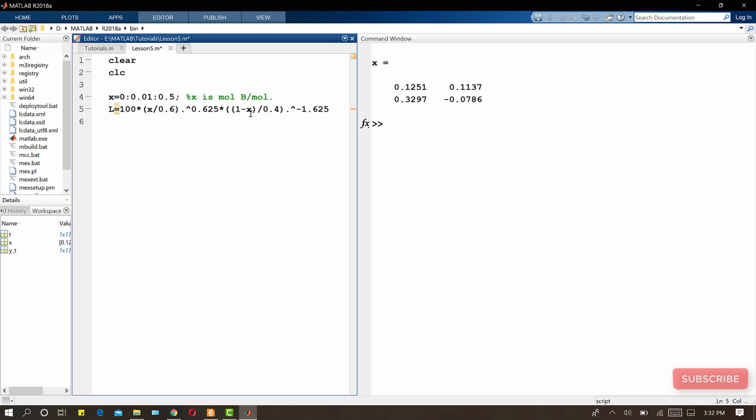Again, this 1 minus X divided by 0.4 will give us an array. If this part of the equation is an array, and this part of the equation is an array, then we need element by element multiplication. So I will write dot here.